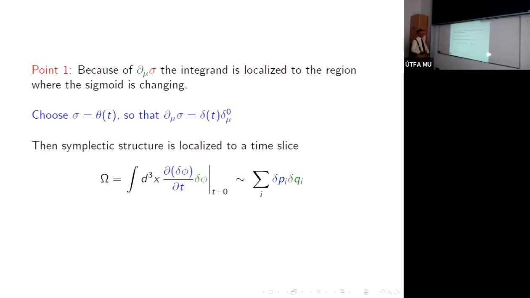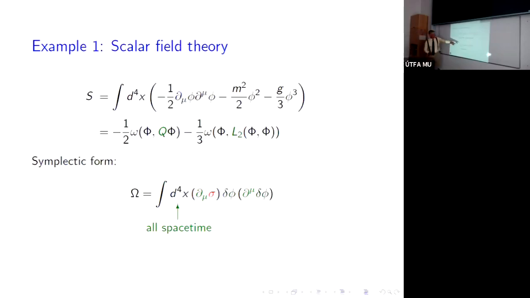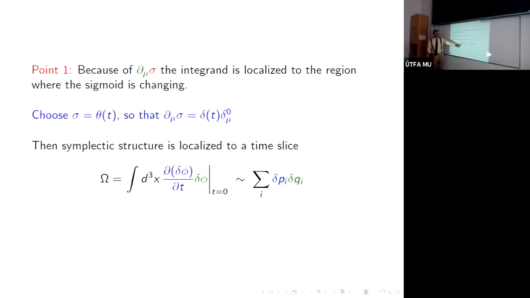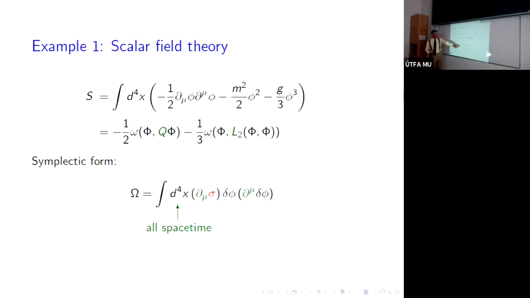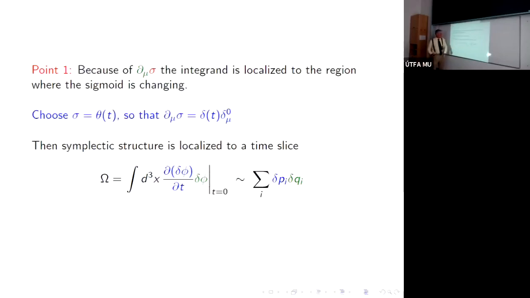If you plug this into our previous formula, this 4-dimensional integral will collapse to a 3-dimensional integral over the time slice. The partial mu delta phi will turn into the time derivative of delta phi. And you see that this is exactly the form of delta p delta q that you expect for phase space.